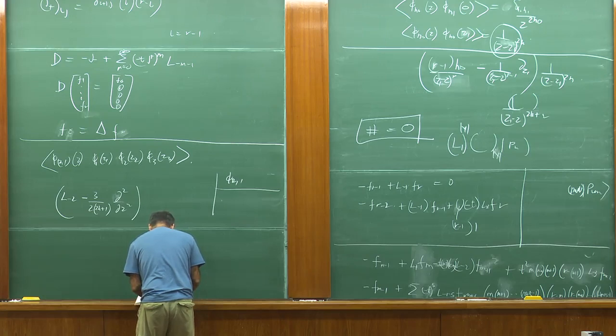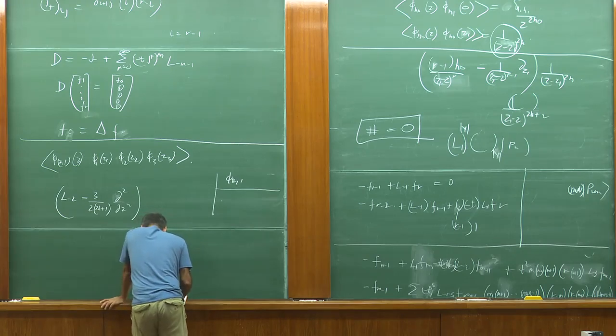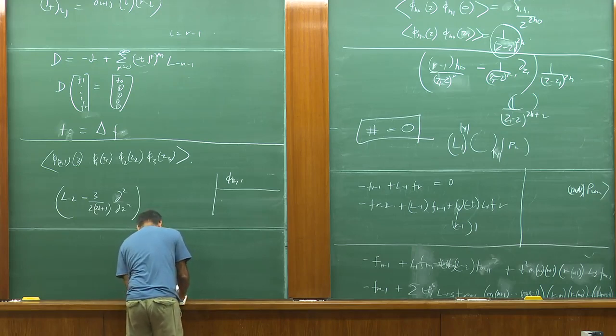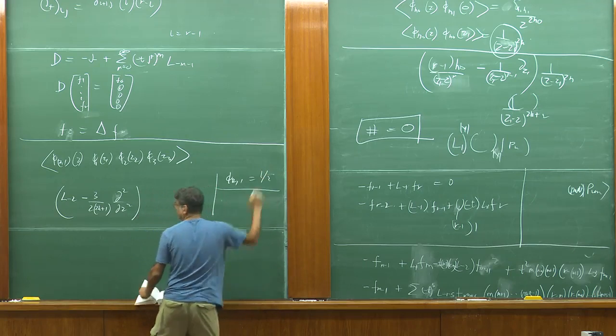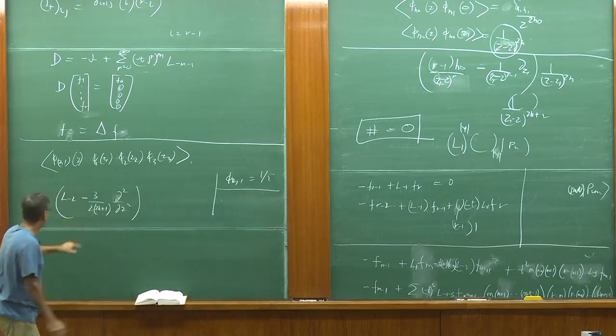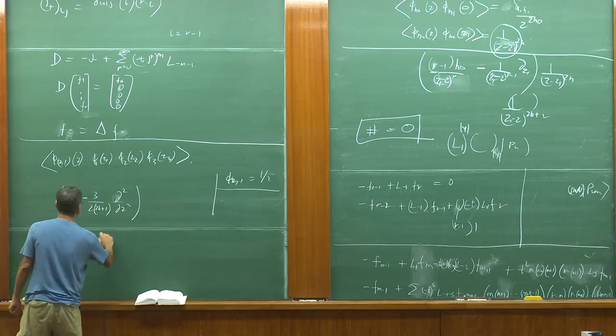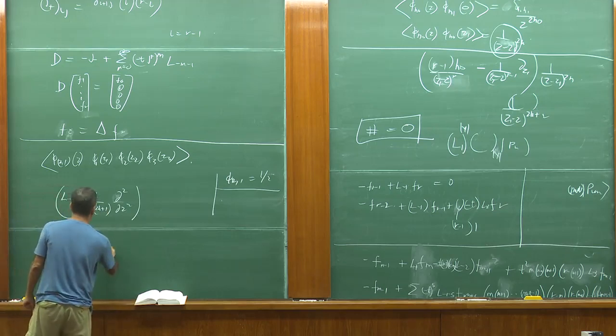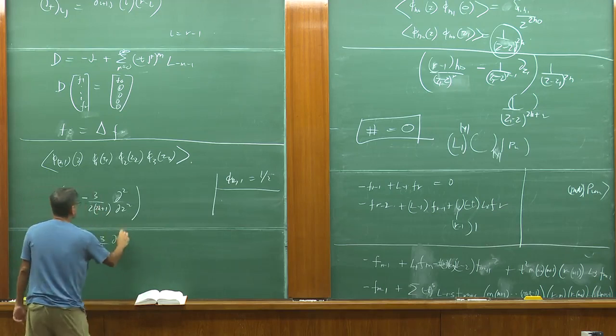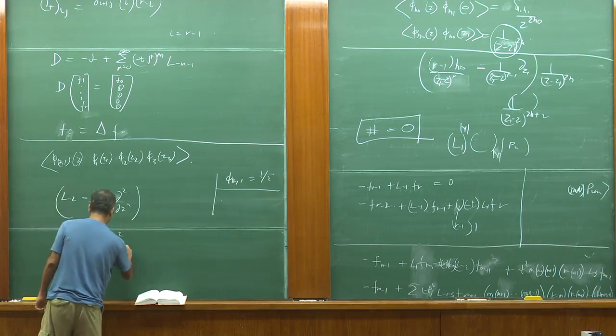Phi 2 comma 1, yeah, is half. Okay, so we put in this value for phi 2,1 so that we just get L minus 2 minus 3 by 4 d squared by dz squared.